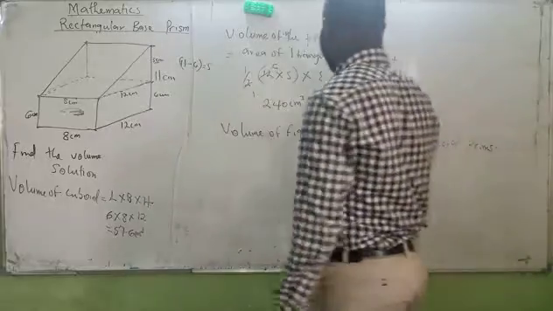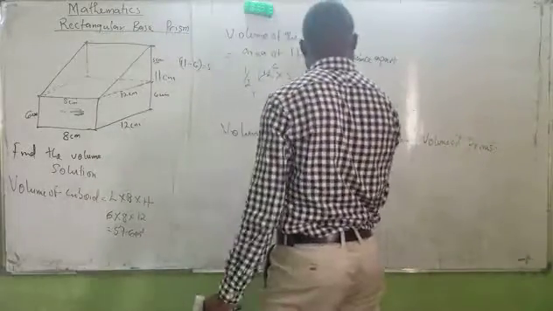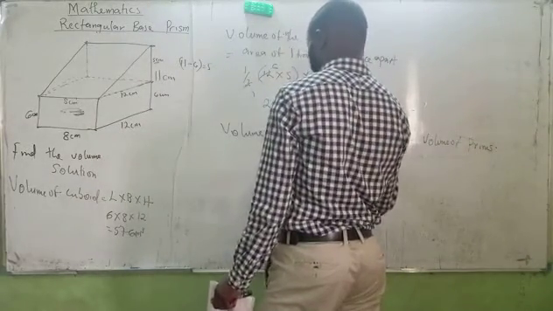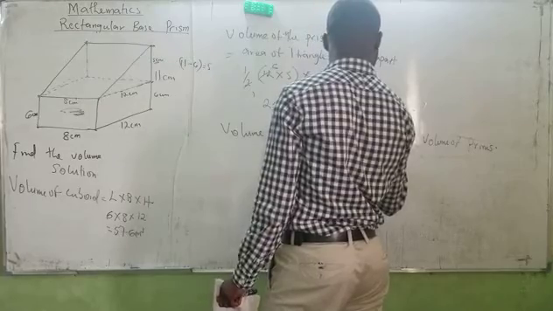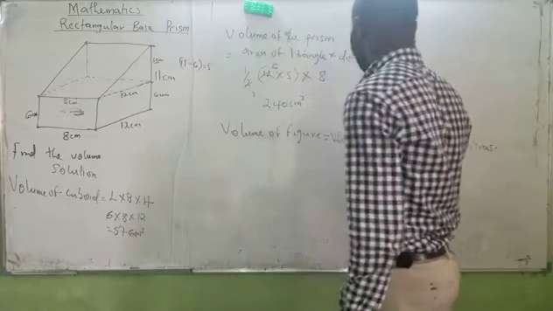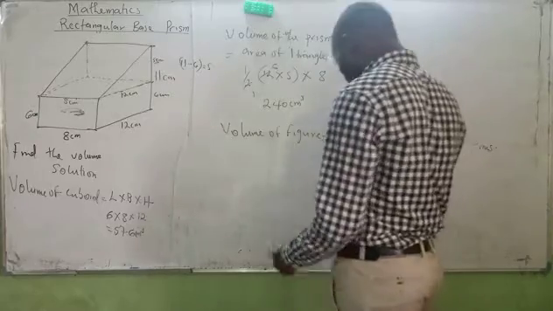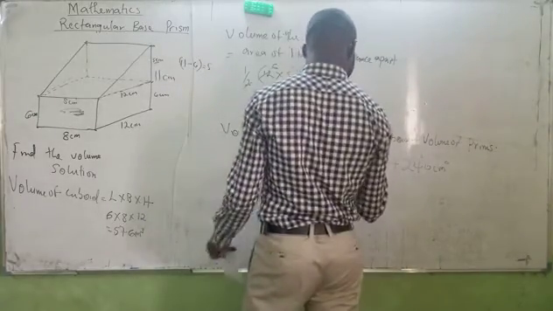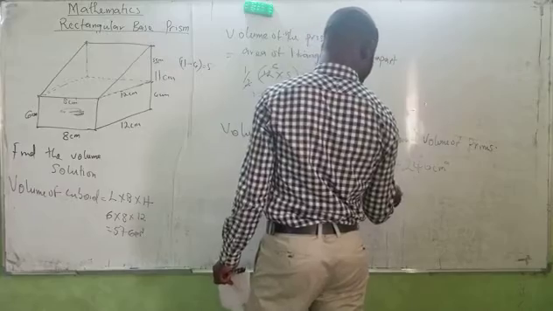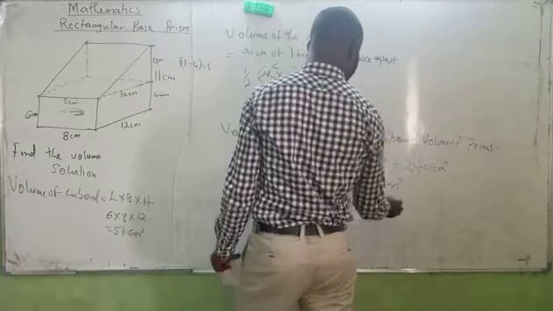Now, I'll be having 576 centimeter cube plus 240 centimeter cube, which is 816 centimeter cube. That is the full volume.